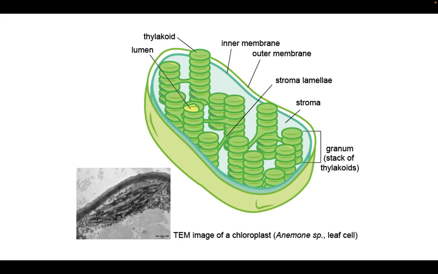In the stroma, you have a series of discs called thylakoids, and they're stacked into structures called granum. As shown here, a granum is a single stack of thylakoids, and grana are many stacks of thylakoids.